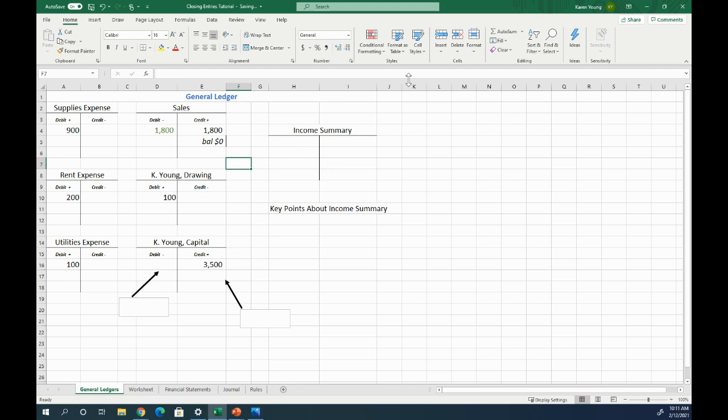This is our new account. It's called Income Summary. A couple key points about it. I've already mentioned it's a temporary owner equity account. It's used for closing. My best way of explaining this to you is, it's a holding and a clearing account.